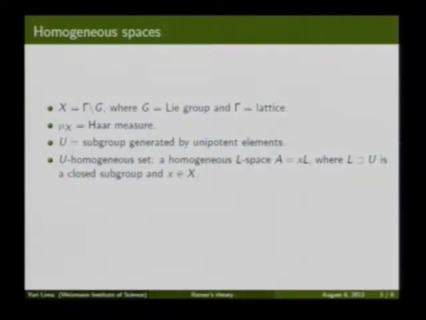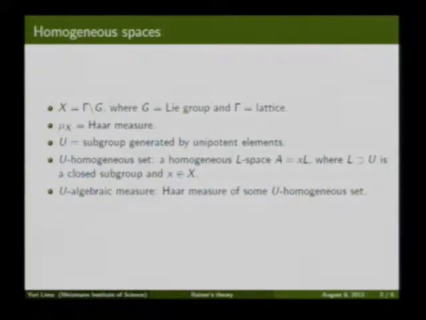Good? So we also had the notion of U algebraic measure. What is the notion of U algebraic measure? Well, it is a measure which is the Haar measure of some U homogeneous set. So you get a measure, and you call it U algebraic if you can find a U homogeneous set such that the measure is the Haar measure of the set.